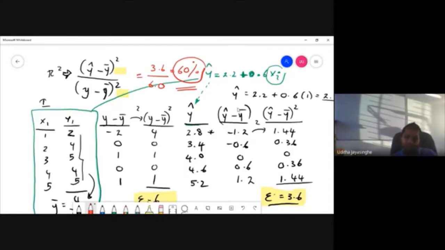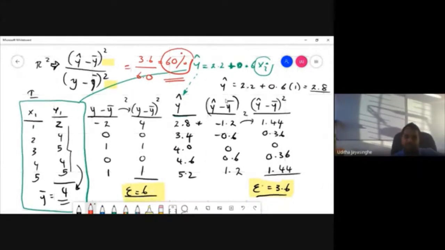What is this going to tell you? If I sum up all this discussion so far, for these individual points of 1, 2, 2, 4, 3, 5, 4, 4, and 5, 5, the regression line can be calculated like this: y hat equal to 2.2 plus 0.6 xi. And the equivalent R square is 60%.